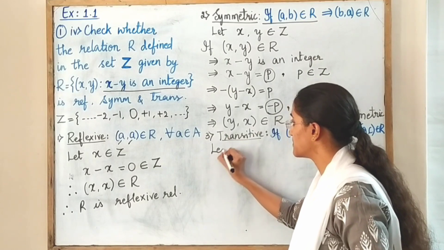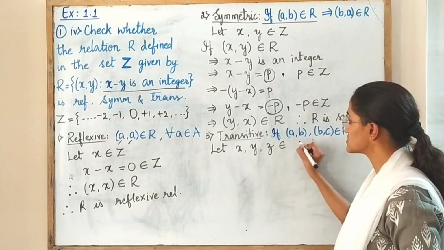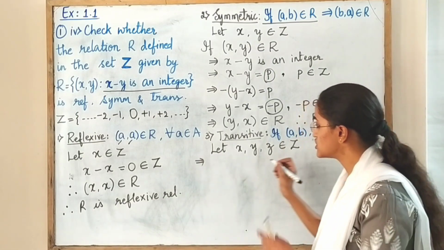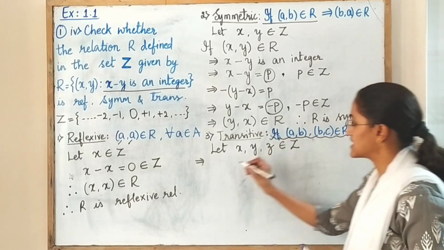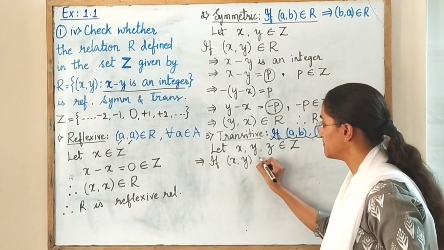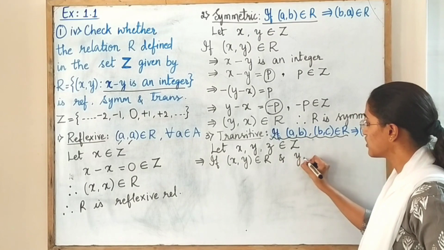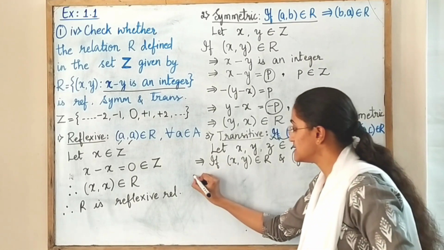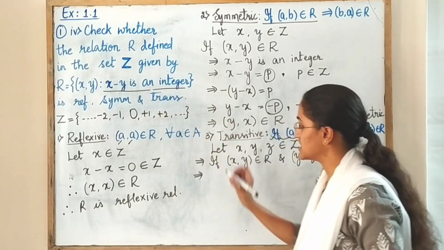That is why I am taking X, Y, Z belonging to the set Z. Now, take two ordered pairs at once. I am starting with the condition that if (X, Y) belongs to the relation R and (Y, Z) belongs to the relation R, then this should satisfy the given condition.